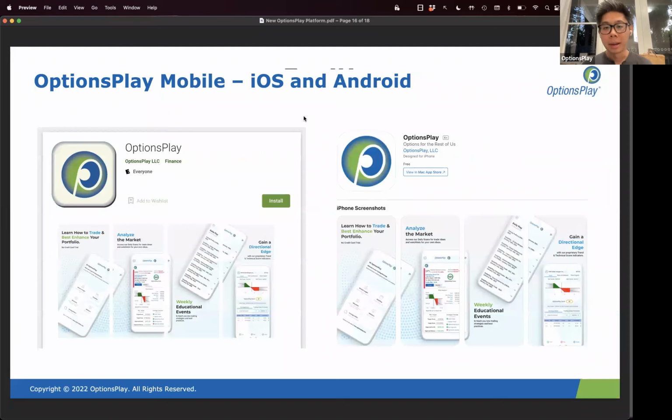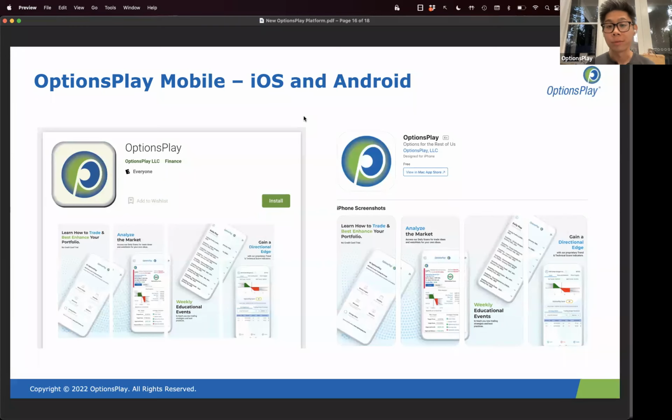And lastly, many of you have asked us about access to an iOS and Android platform. So we have now launched both iOS and Android, and you can download both of these in the respective app stores. Whether you have an iPhone or an Android, you can log into your app store, search OptionsPlay, and download the mobile app. Your credentials are the same as your desktop app to log in. You'll be able to see our daily played ideas and our upcoming webinar schedule.